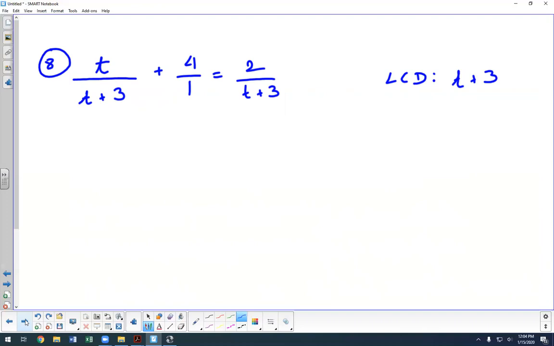And you can kind of see what happens when we multiply everything by t plus 3, right? Because these guys will cancel out, but then we will actually have a t remaining here. So this one hopefully will give us a different answer than the previous example. So we're multiplying the equation again by t plus 3.